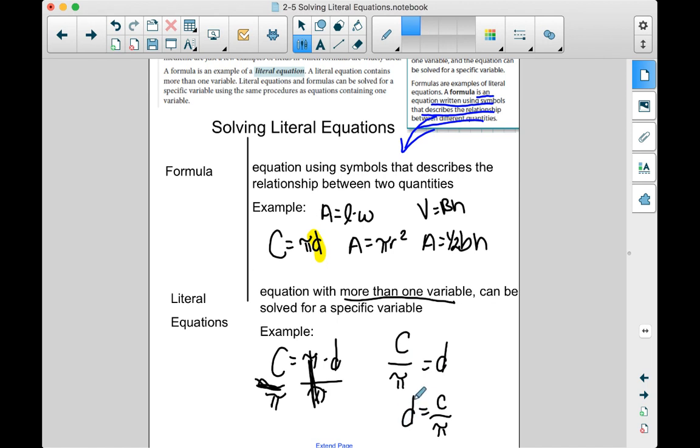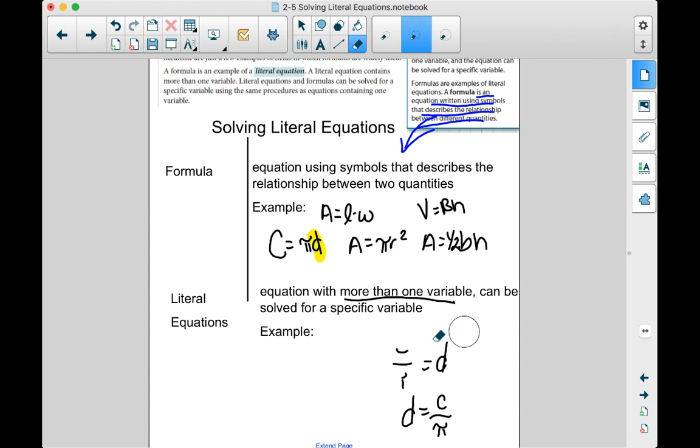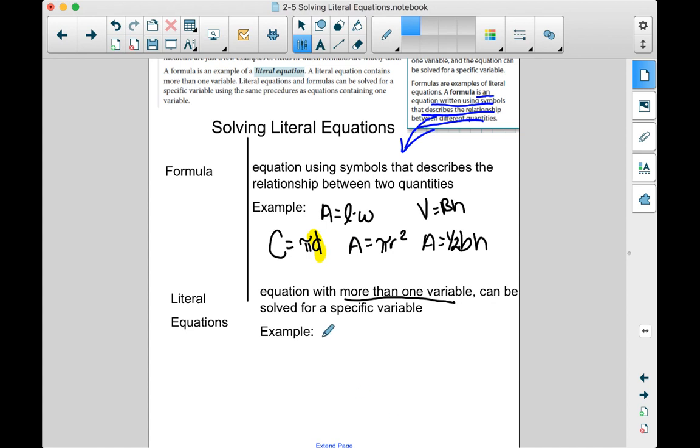Okay. Great, so let me show you one more example, and this time I'll do the area example. So if area equals length times width, and say I wanted to solve for length, I could divide out my width.